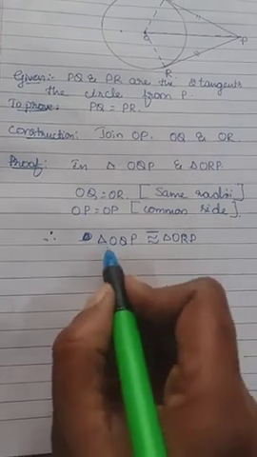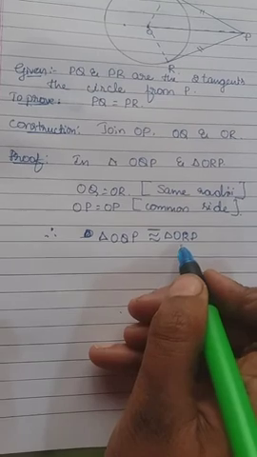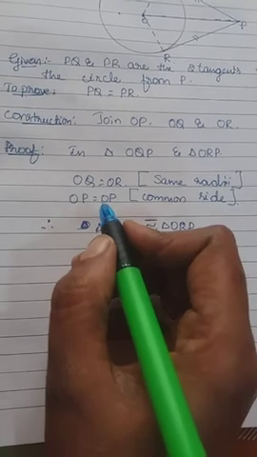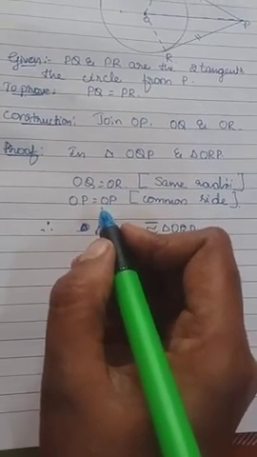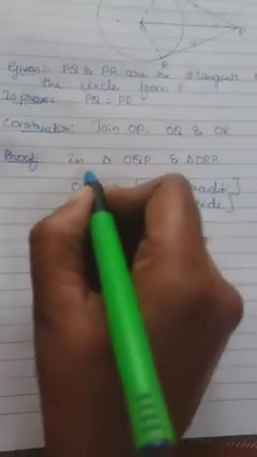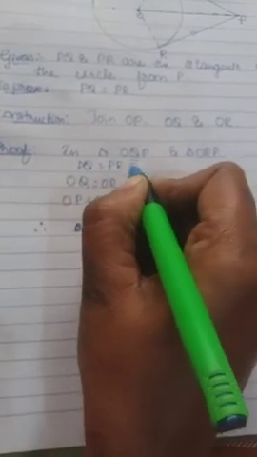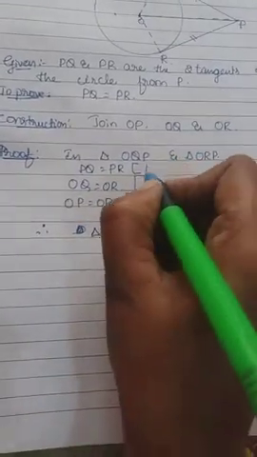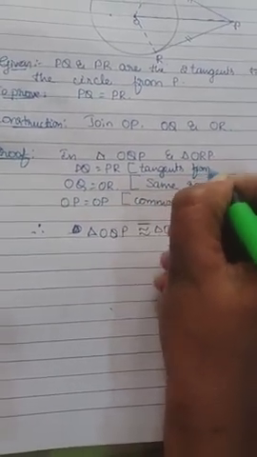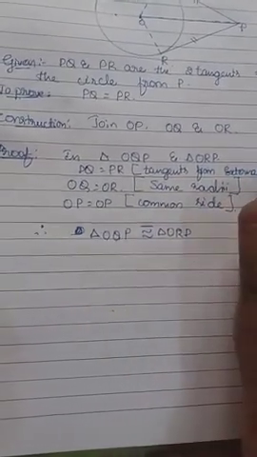And also PQ equal to PR, because the two tangents from the external point are equal. This thing I didn't write: PQ equal to PR because tangents from the external point are equal.